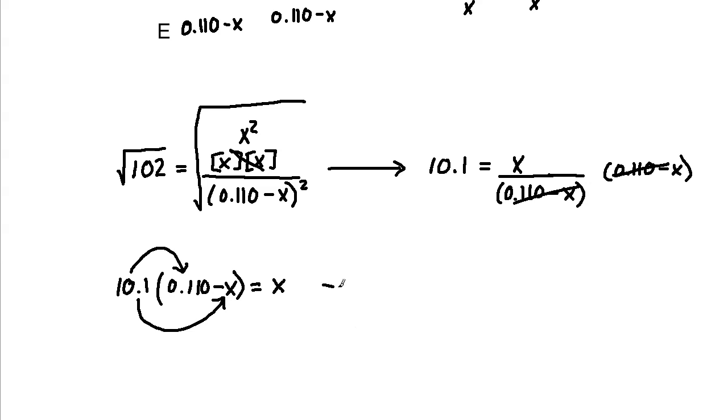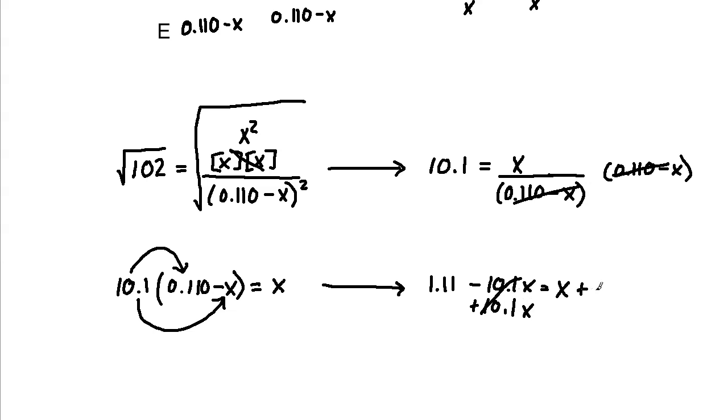Okay, so what does that simplify into? Well, once you distribute that and you work with everything, you should get 1.11 minus 10.1x is equal to X. And so in order to combine the X terms, I'm going to need to add 10.1x to each side. That will get rid of it on the left-hand side.